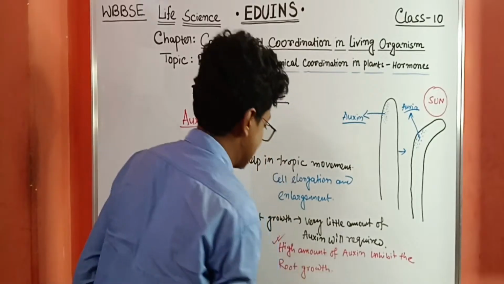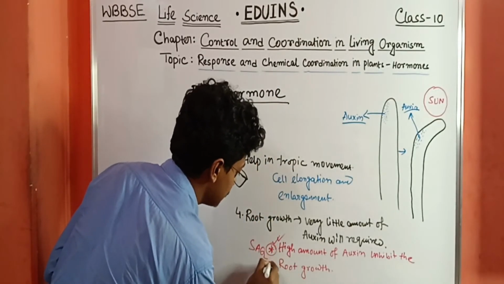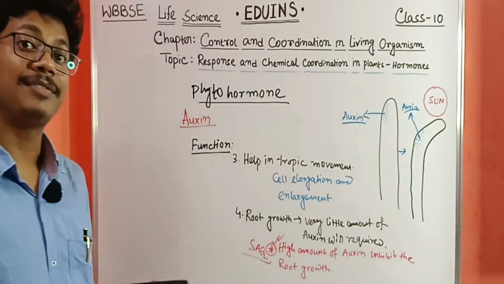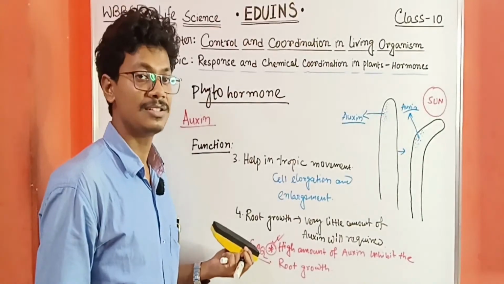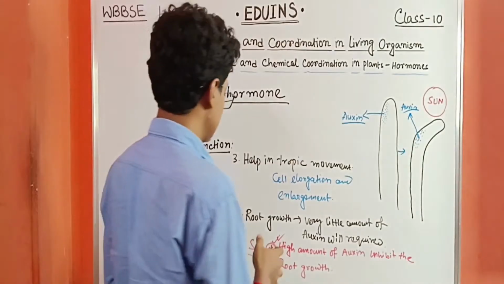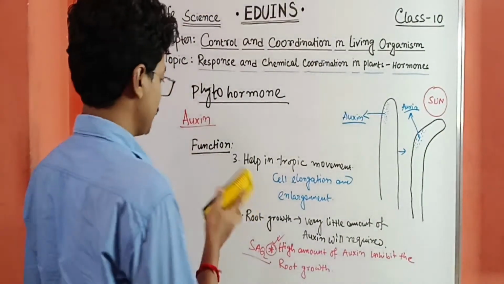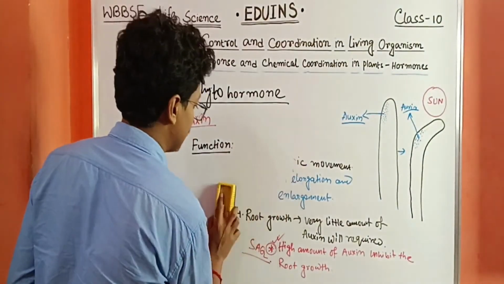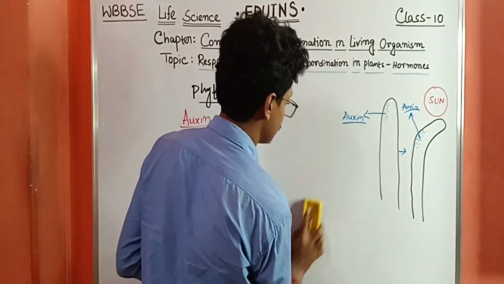Okay, this is an important SAQ. That is, which hormone has a negative effect on the growth of the plant root. So this is the function of the auxin. Also an additional function, that is ripening of fruit.